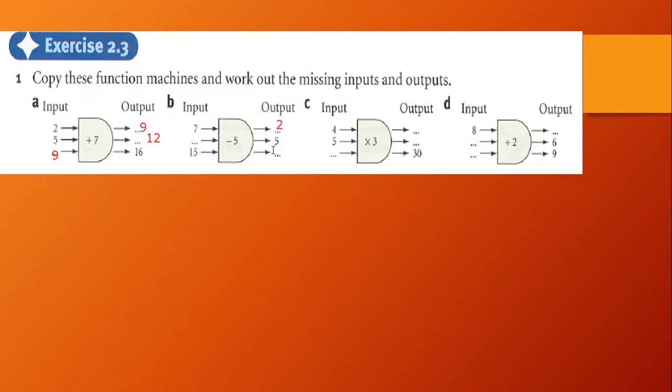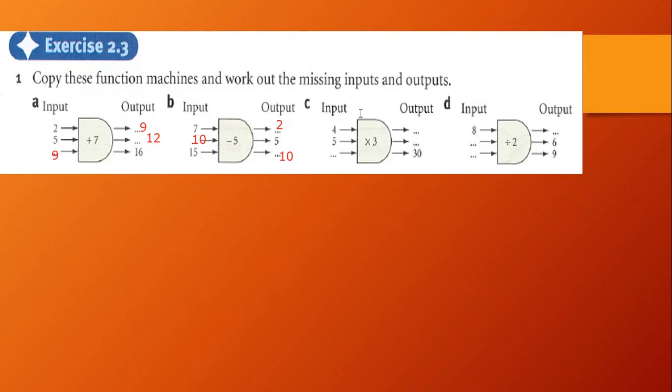Here is minus, so we are moving backward, so here minus 5, we say plus 5. 5 plus 5, 10. 15 minus 5, 10.